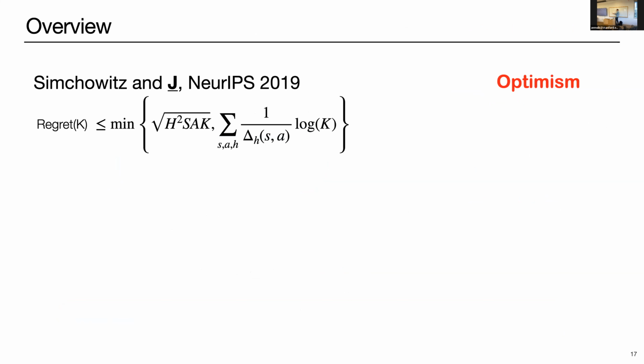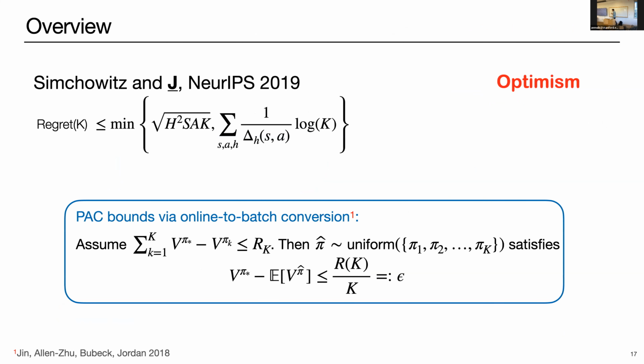So we have this regret result. Can we leverage this? Yes. There's something called the online to batch conversion. We've known it for a long time. I have a citation here, but they definitely did not come up with it. Basically it's a very simple expression. It says, if I have a regret bound, I know that the sum from little k equals 1 to K is bounded by some function R(K).